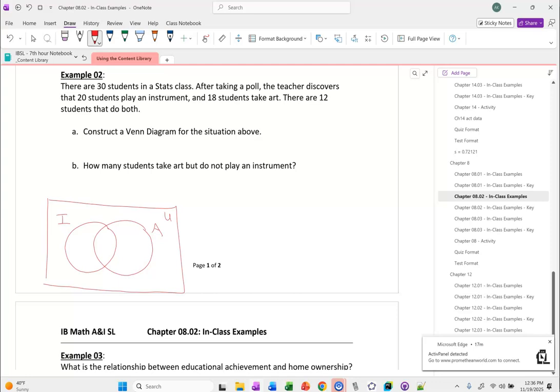Who can help me fill in the Venn diagram? Go ahead, Ethan. You have 20 students in instrument, 18 students in art, and 12 in the middle. Okay, here's my problem though, Ethan. If I add those up, I get 50 students.